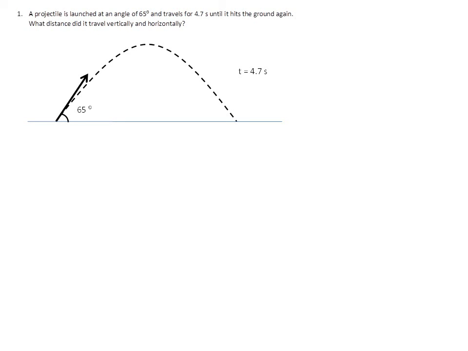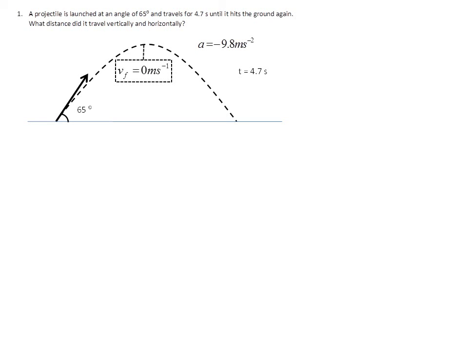Now we want to simplify the situation a bit again. So first thing we can do is say we know what the acceleration is. Remember, negative 9.8, always negative 9.8. And remember that's in the vertical direction, going downwards.